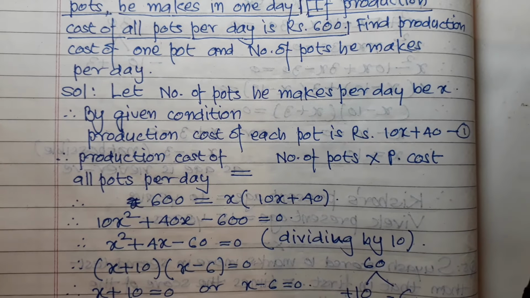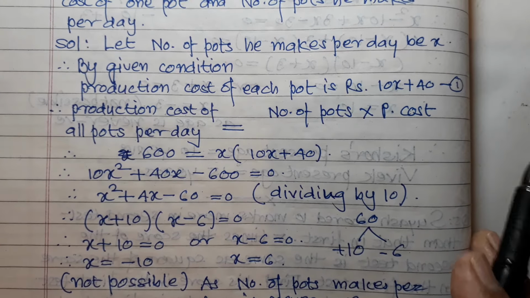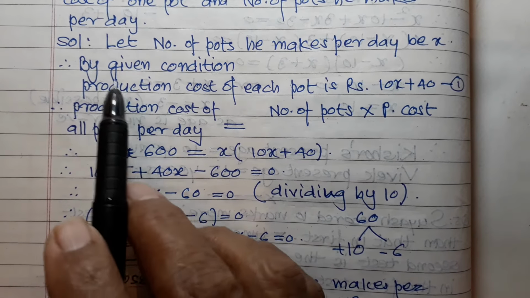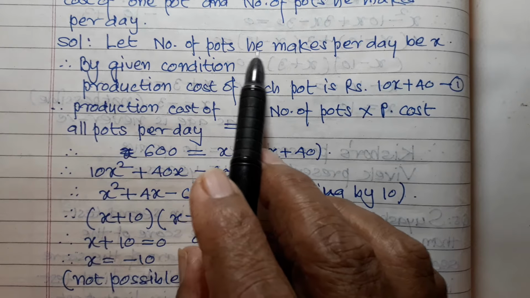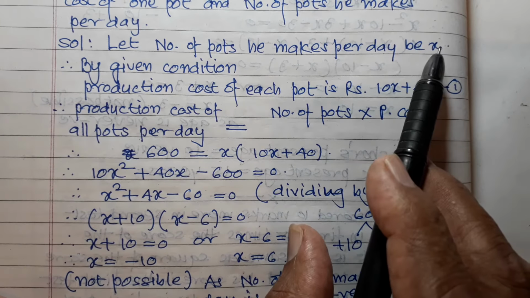Okay. Now assume, let the number of pots he makes per day be x.